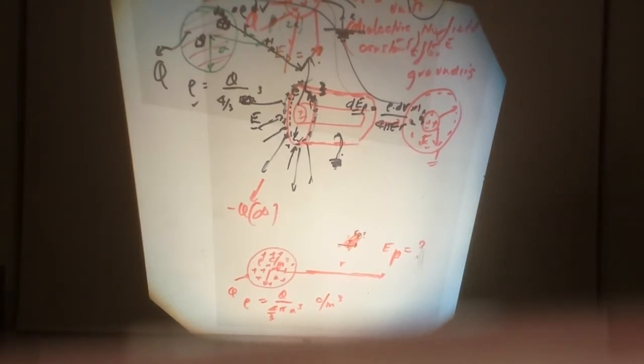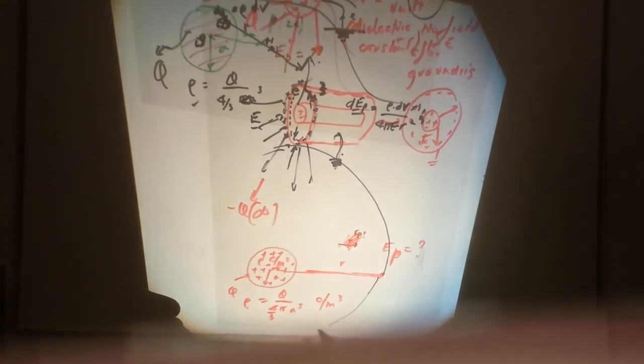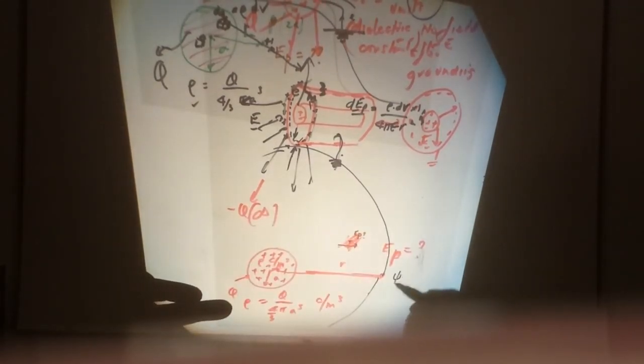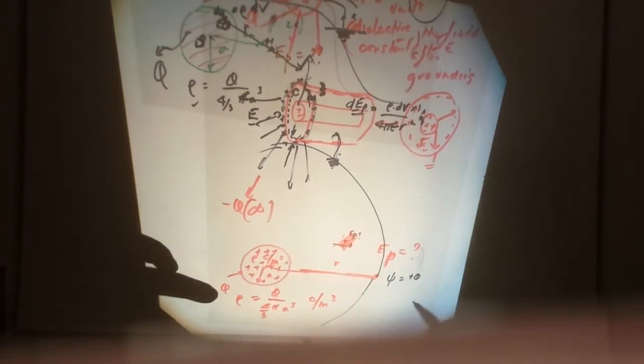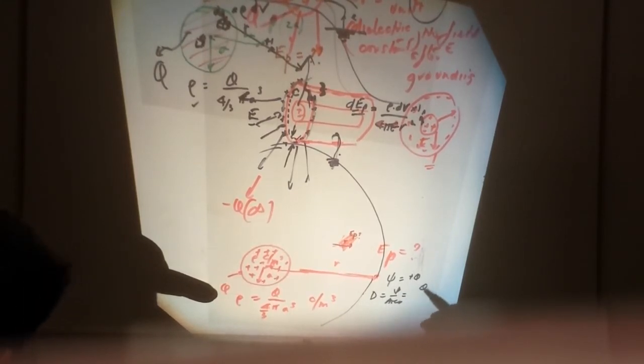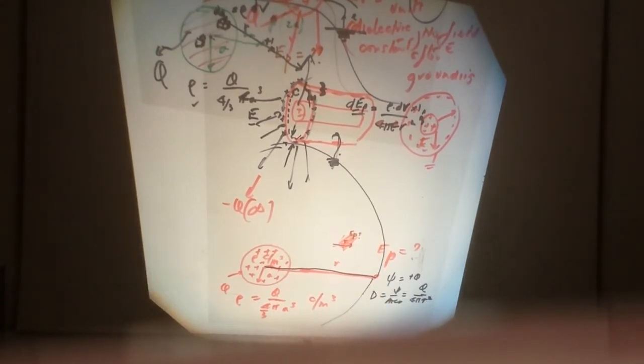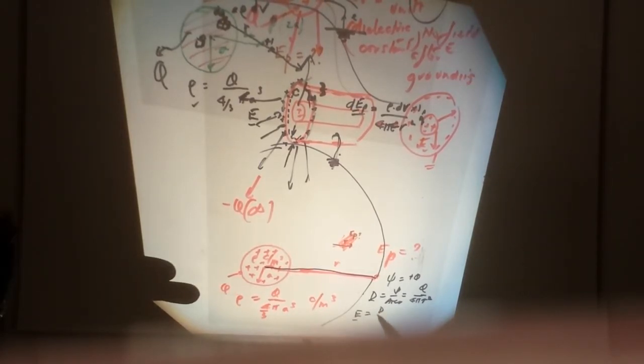So using the idea of flux, I draw a big sphere enclosing this one, and the total flux is the same as Q. Therefore, the flux density D is flux upon area, the same as Q over 4 pi R squared, directed along R. So E is simply equal to Q over 4 pi epsilon naught epsilon r R squared.